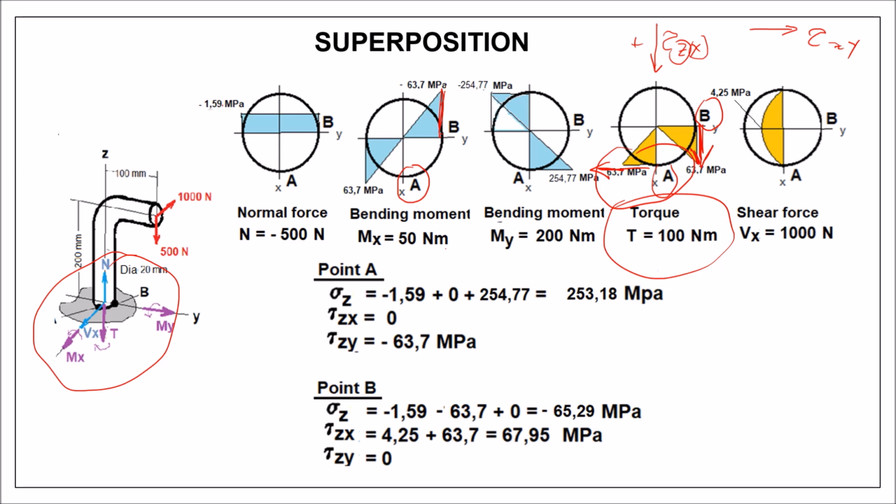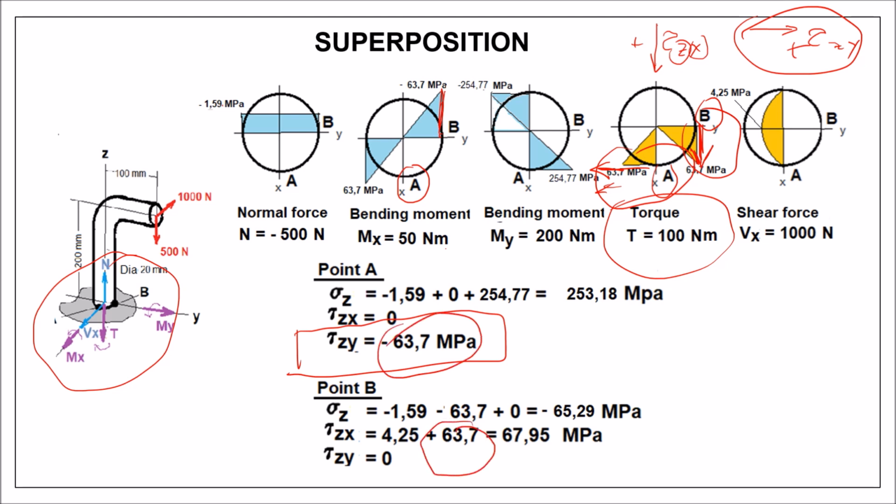For A, I have negative tau zy, because it's in this direction, it's positive, I have a negative stress. So for B, I have positive tau zx. So you see, this is the same value. Well, these are caused by torque.